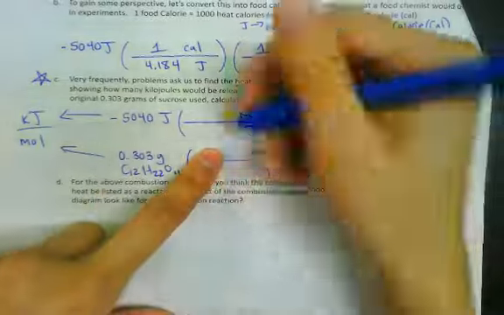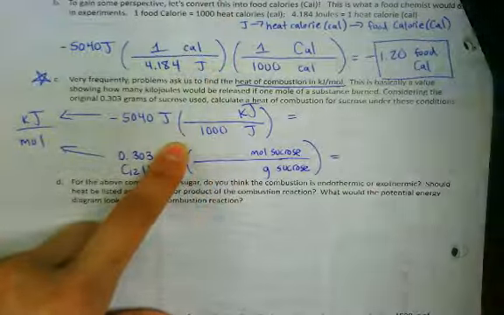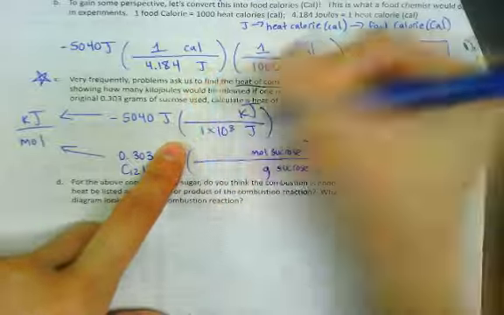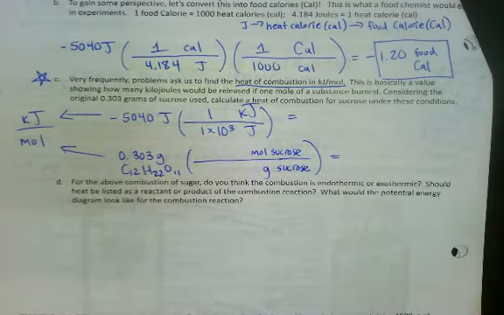So we know that there's 1,000 joules, or 1 times 10 to the 3, just use your numbers here. There's 1 times 10 to the 3 joules in 1 kilojoule.